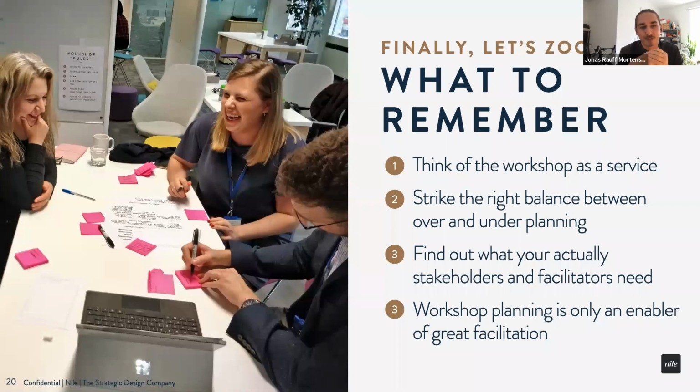I skipped the third one there, finding out what stakeholders and facilitators actually need, but they're connected. Before you start planning, get a sense of how much detail you need to go into. What is the right level for someone to get the outcome they're looking for?